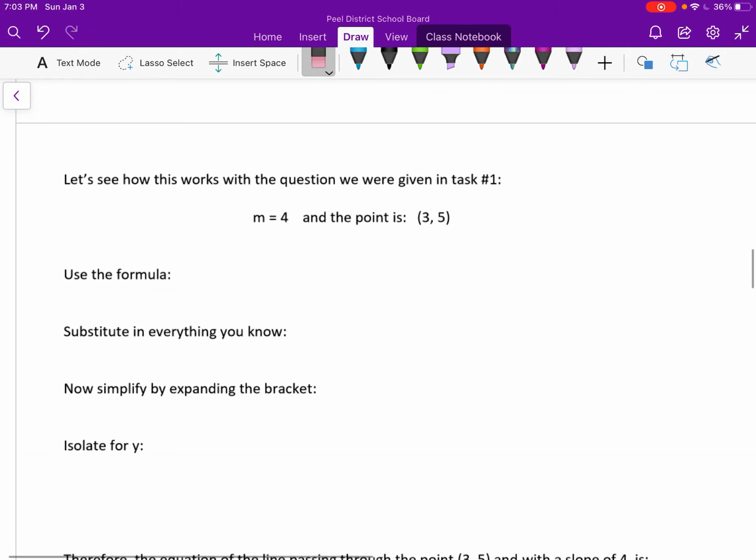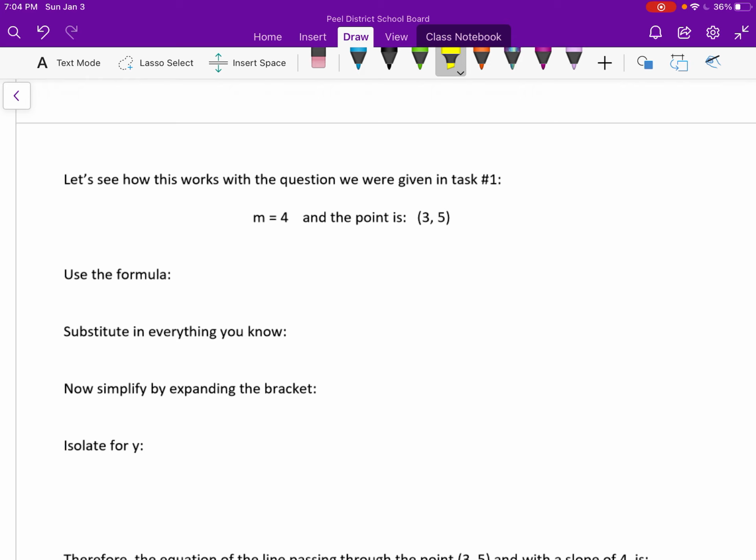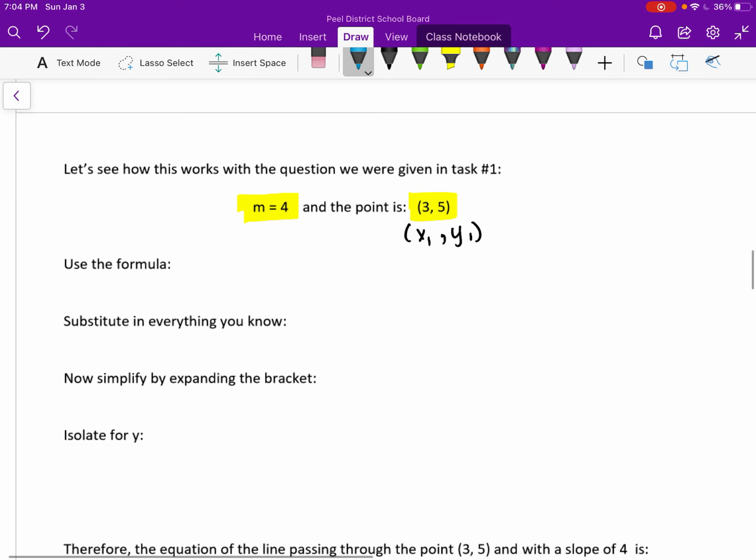That sounds a little bit complicated, so let's see how this works. If I have an m of 4, which is my slope, and the point (3, 5), I'll say this is my x1, this is my y1. I'm going to rewrite my slope point formula from up here: y minus y1 equals m(x minus x1).